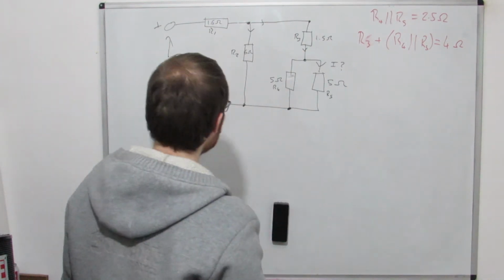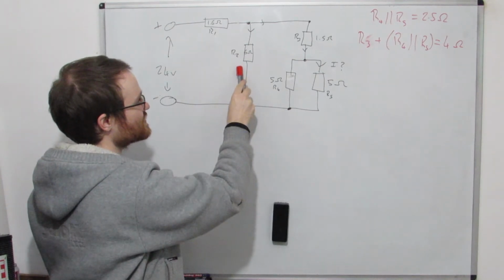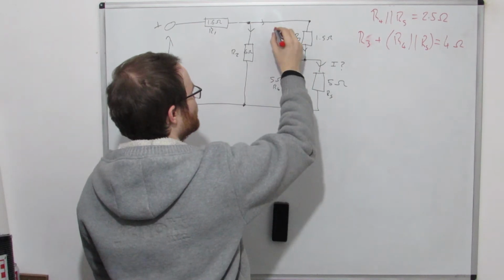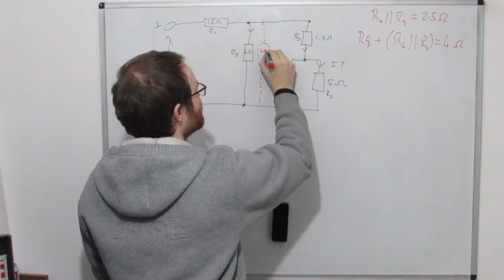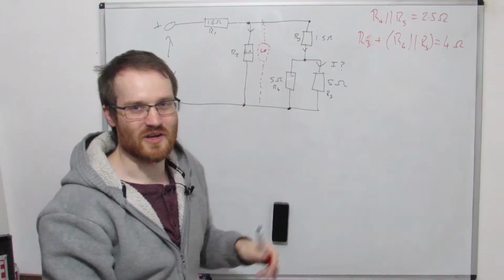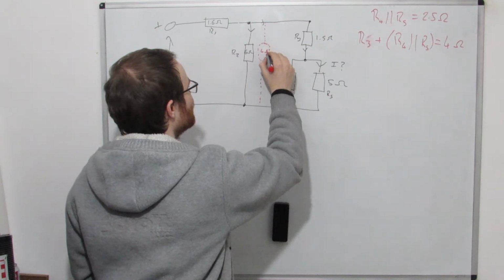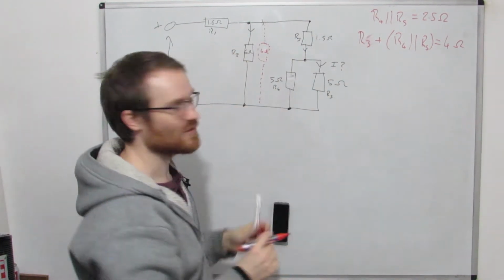So now we know that the total resistance is 1.6 ohms plus 6 ohms in parallel with this whole thing, which is 4 ohms. So I can put a kind of imaginary impedance here, which is 4 ohms, which I'm just using so I don't have to redraw the whole circuit again. So this is 4 ohms, and that represents this whole branch I'm just writing down here.